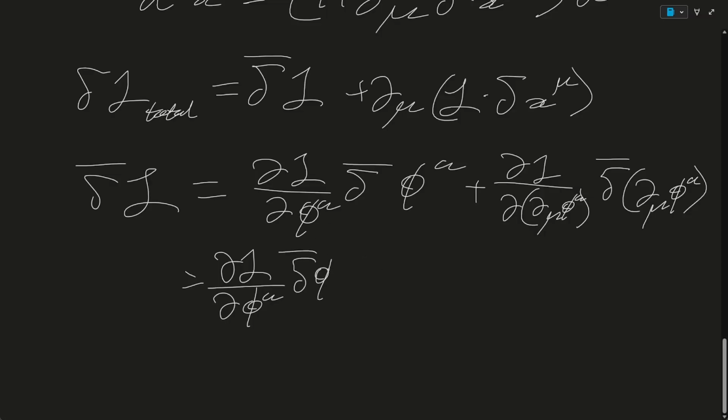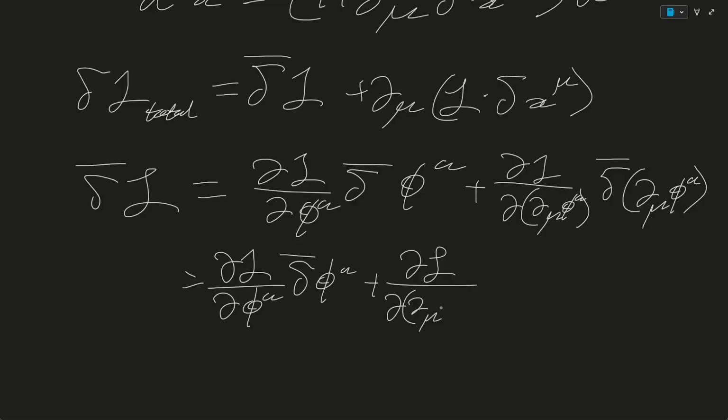Plus dL, the derivative of the derivative with respect to mu of phi to the a times, now this is the key part, we are moving this partial out, and look what we have now.